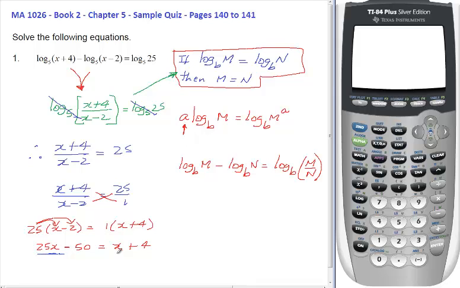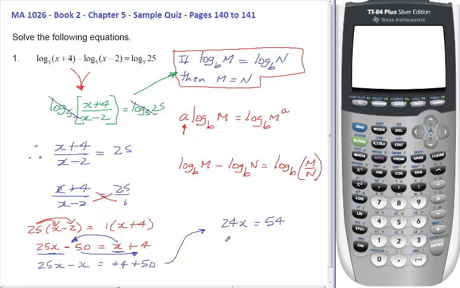I have an x term on the left-hand side and on the right-hand side, so I subtract x from both sides, leaving the plus 4 on this side. I'm going to bring this negative 50 over, which means I add 50 to both sides. So 25x subtract 1x leaves me with 24x, and 50 plus 4 is 54.